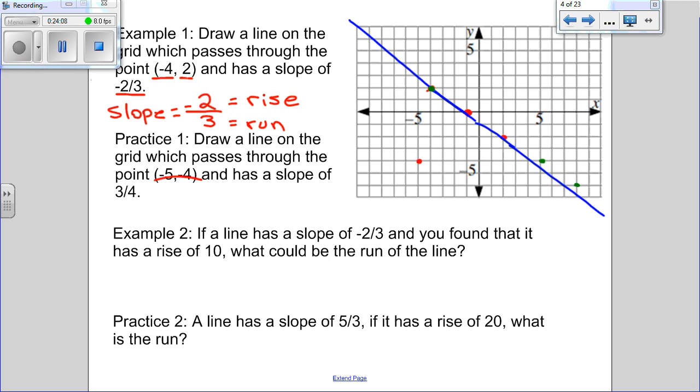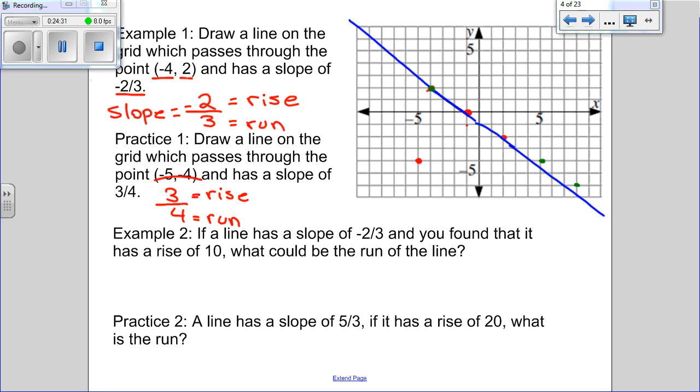The next thing I know is that my slope is 3/4. That means if I went up 3 and to the right 4, I should find another point. 1, 2, 3, 4. Right there. I could also go backwards.